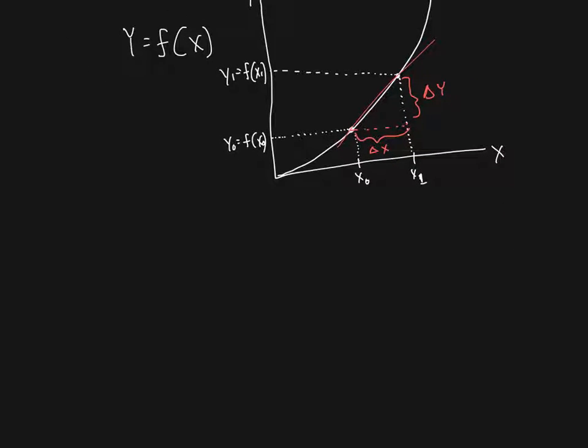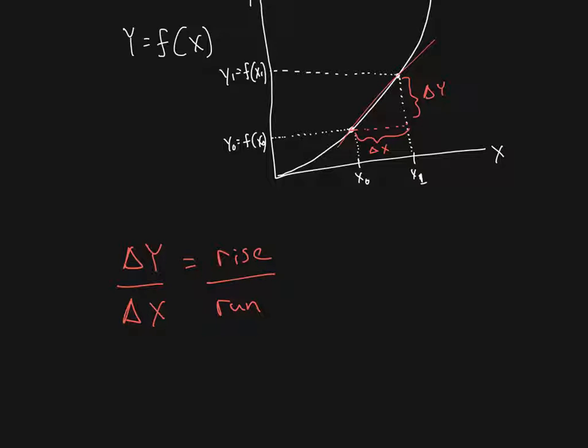So coming back, delta y is the rise. It's by how much we're going up along the vertical axis, and delta x is the run. It tells us how much we're moving along the horizontal axis. So the difference quotient is telling us the slope of the line that runs between these 2 points.